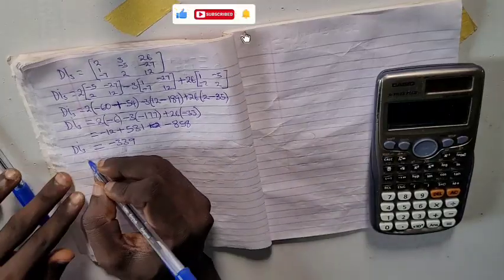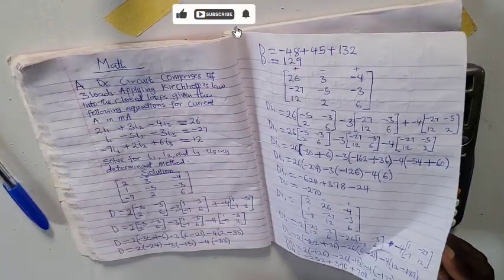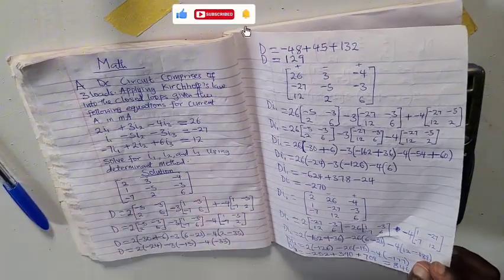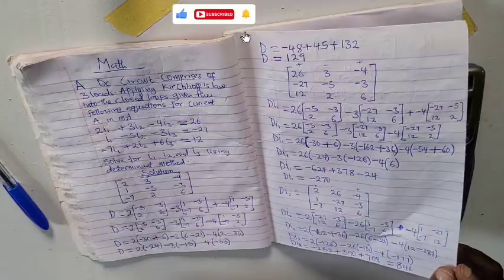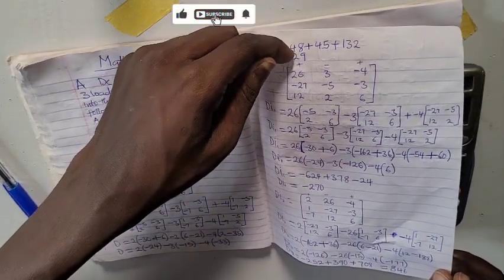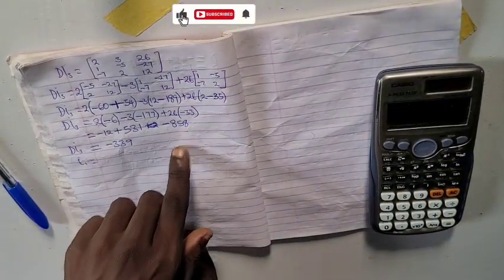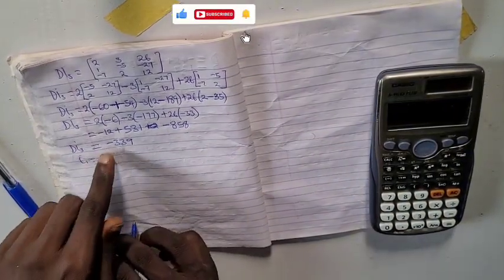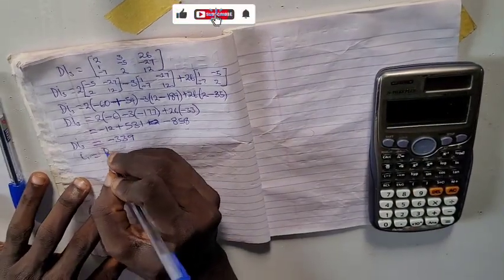So to get I1 now, I1 is the determinant of I1 over the general determinant. So for I2 now will be determinant of I2 over this, which is the first determinant, the general one. While for I3 will be the determinant of I3 over the general determinant, which is DI1.